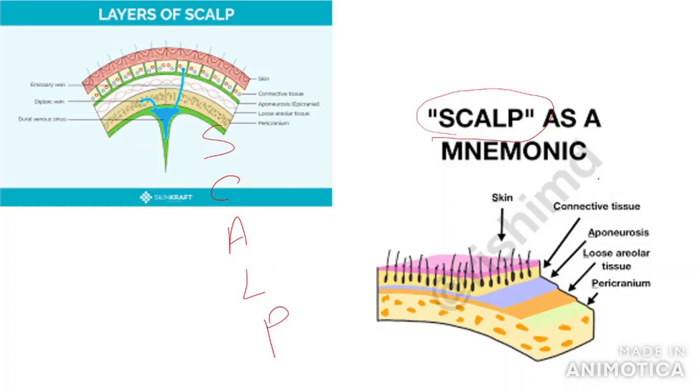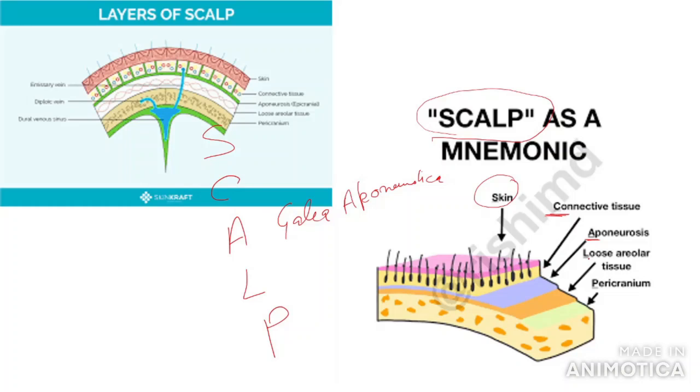So S stands for what? Skin. Then you have C. C stands for connective tissue. Then you have A. A stands for aponeurosis. This layer, aponeurosis, is also called Galea aponeurotica.